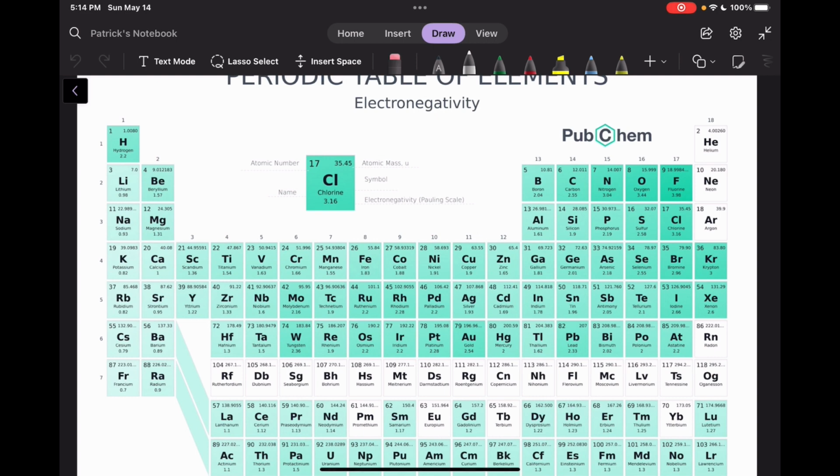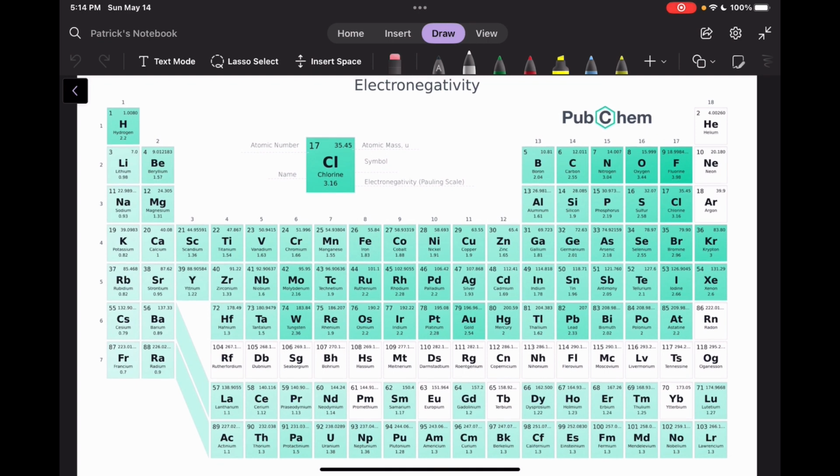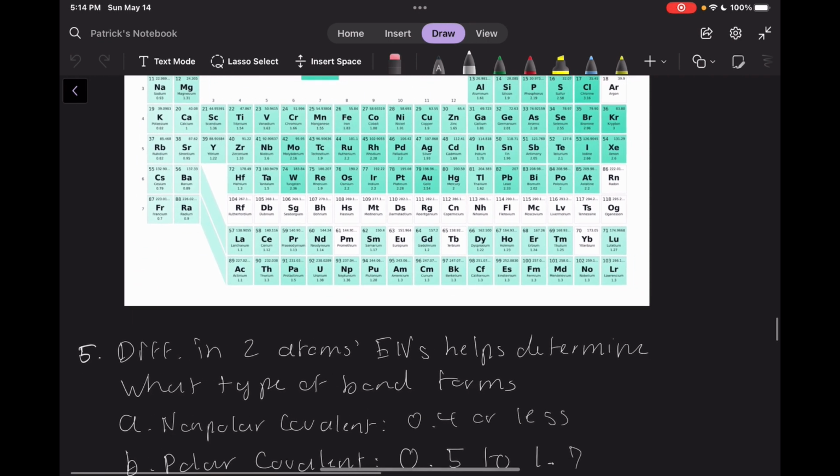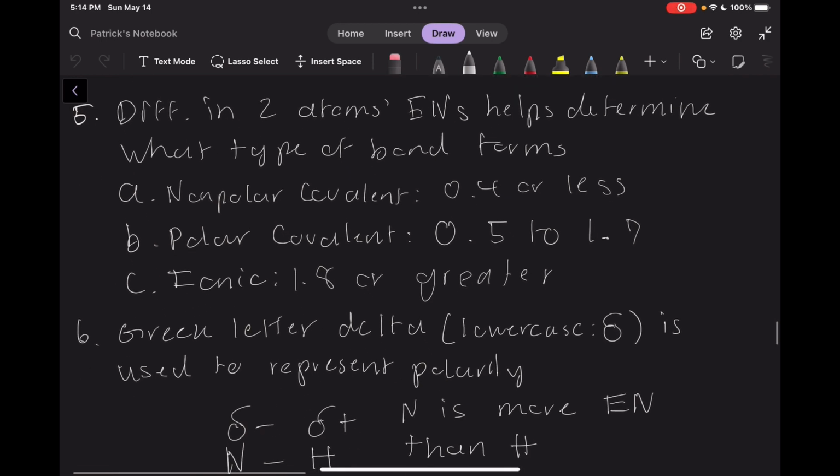Here is a PubChem periodic table with the electronegativity values the Pauling scale assigns to each element. Now, we know that the difference in electronegativity between two atoms determines what type of bond forms between them.